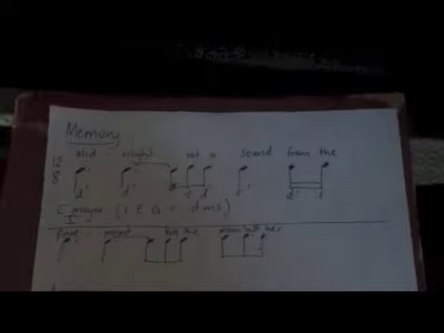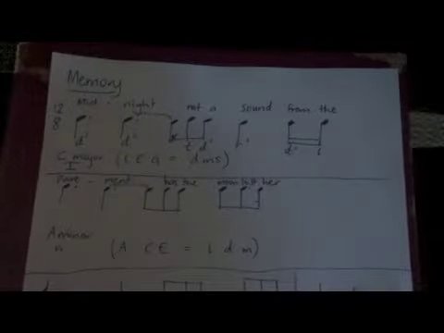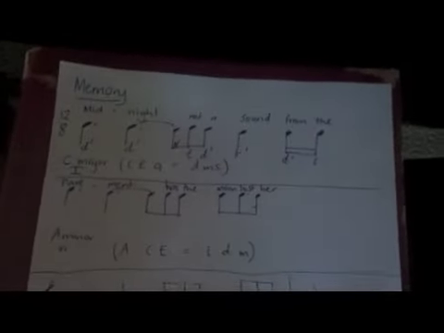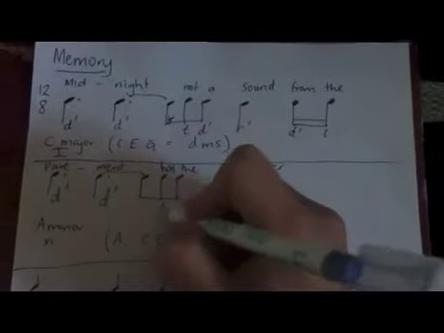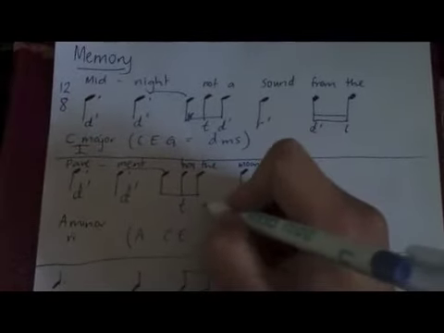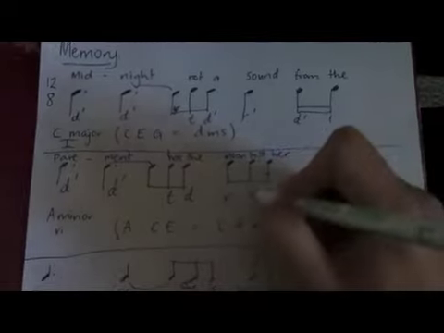Okay, so we keep on going. Do, do, ti, do, re, do, la, do. So he sticks with the high do. Do, do, ti, do, re, do, la, do, so. Do, do, ti, do, re, do.